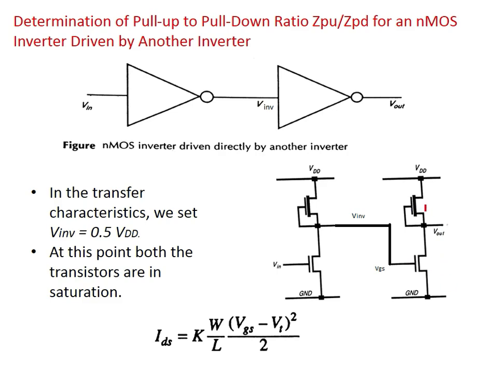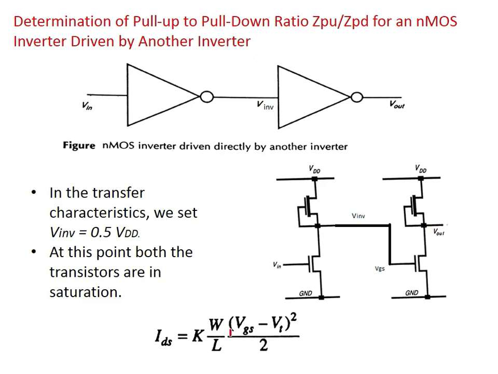For this pull-up network, the depletion mode MOSFET, gate and source are shorted, that is VGS is equal to 0. And the threshold voltage of this depletion mode MOSFET is represented by VTD, where D stands for depletion mode.